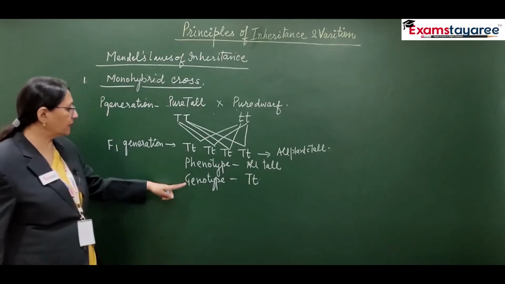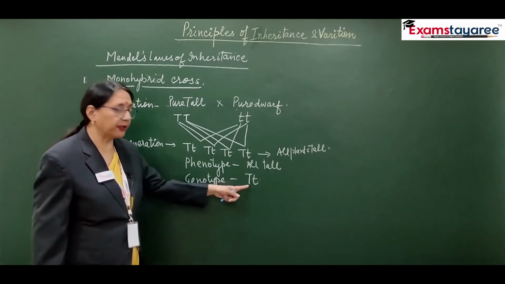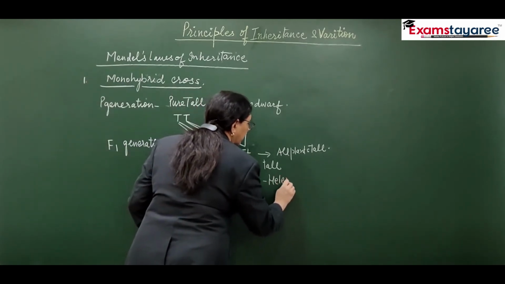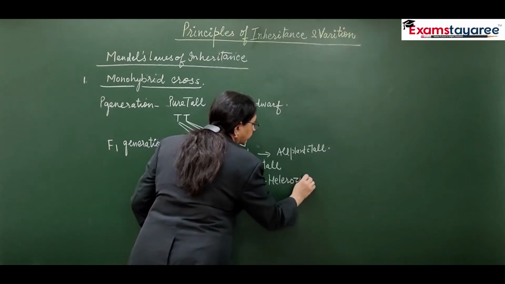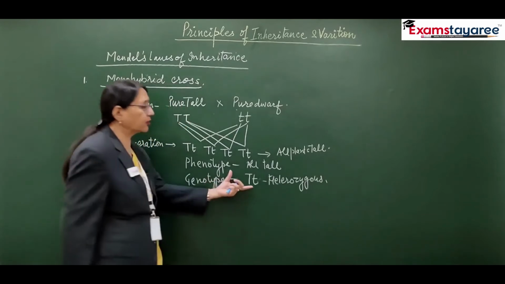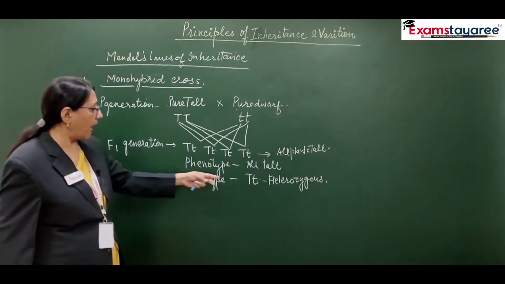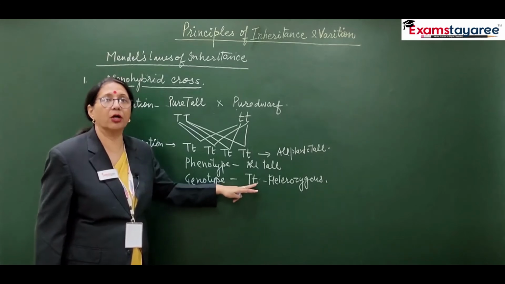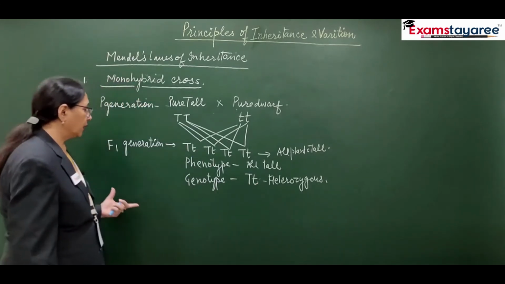So, here you can see genotype capital T, small t is a heterozygous character. It is a heterozygous condition and the two traits are opposite or contrast to each other.